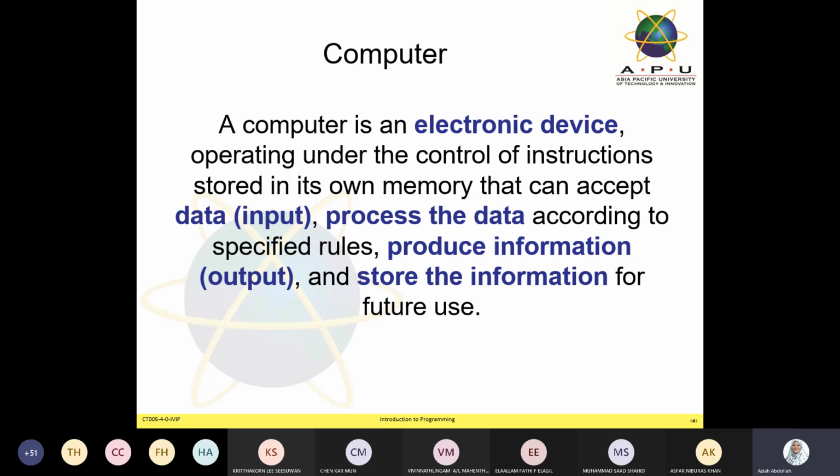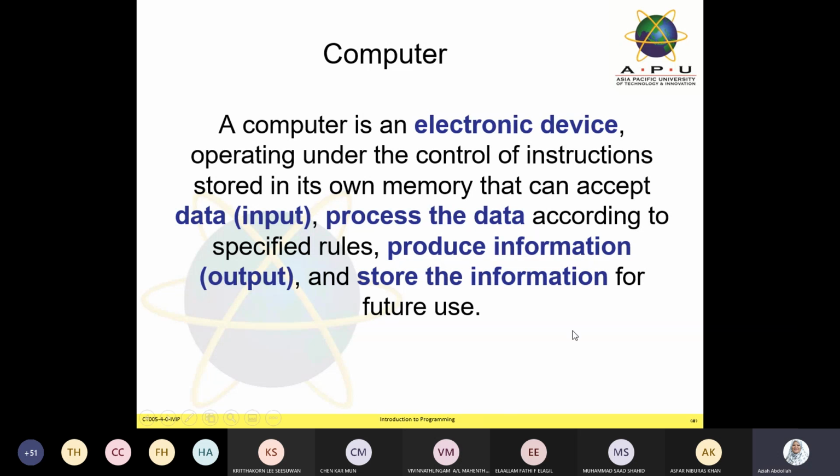Okay, or in easier way, we can say computer is an electronic device that can process all the data according to the set of instruction. So data, what we mean data in here is like the input, okay, the raw data before they process to become an information.